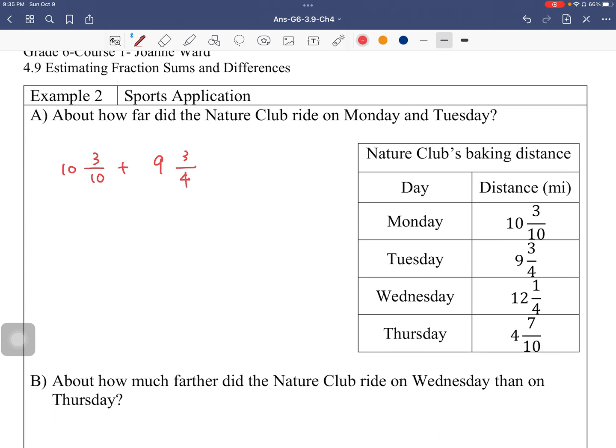Because about means we estimate, 10 and 3 over 10 is around 10 and a half, plus 9 and 3 over 4. 3 over 4 is over the half, so this is 10. So I have 20 and a half, so this is around 20 and a half miles.